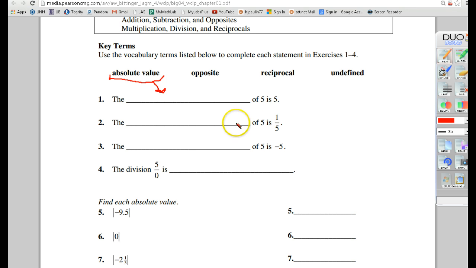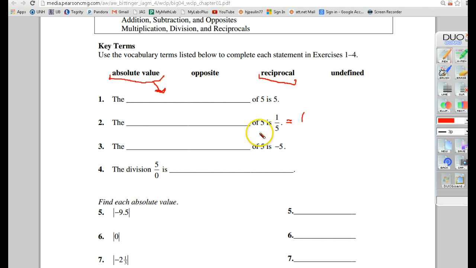And the what of 5 is 1/5. That's the reciprocal. Because a number multiplied by its reciprocal, you recall, is a positive 1.